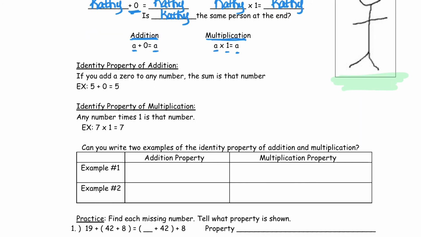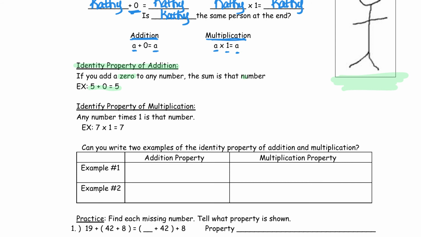So in mathematical terms, we would say the identity property of addition says if you add 0 to any number, the sum is still that number. So for example, 5 plus 0 is still equal to 5.